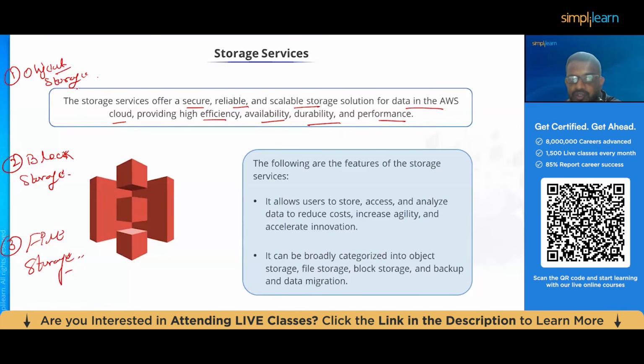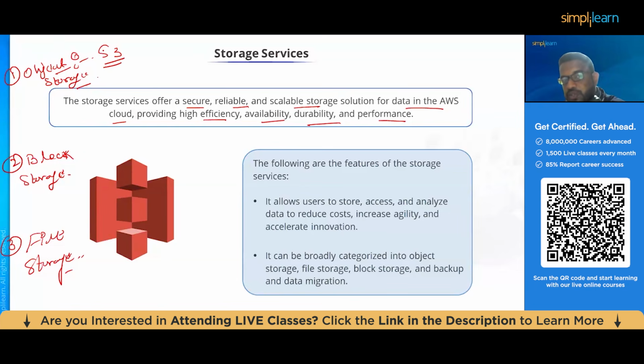Folks, in object storage, all the data will be stored in terms of objects. A popular service, you might have heard about it, is S3, Simple Storage Service. These all are storage services, these are the different categories.